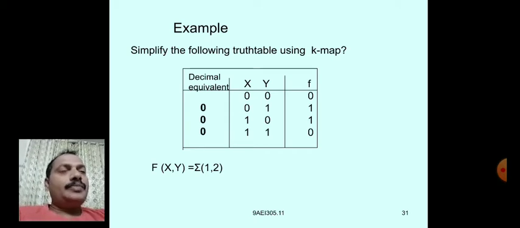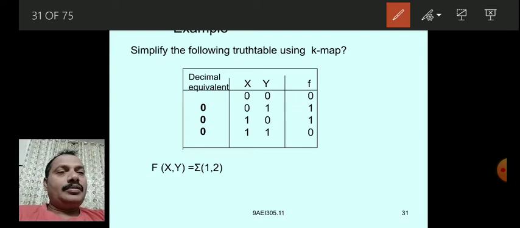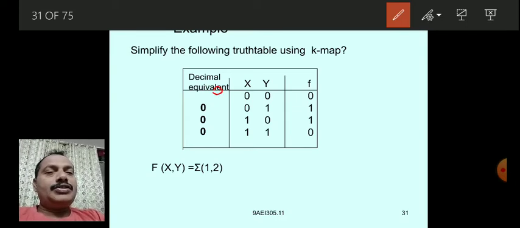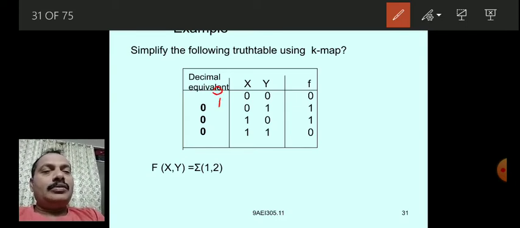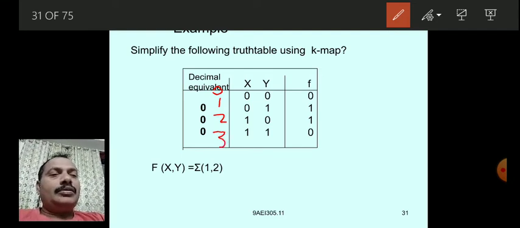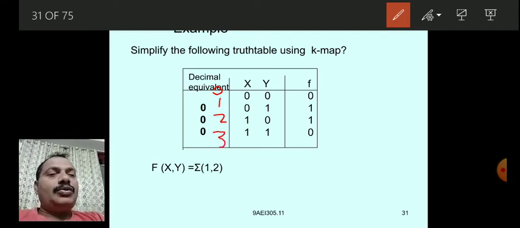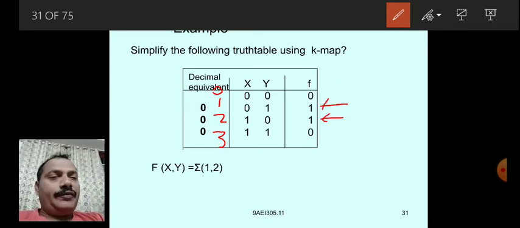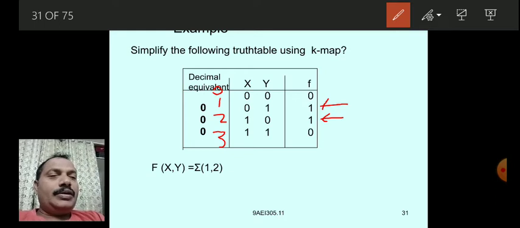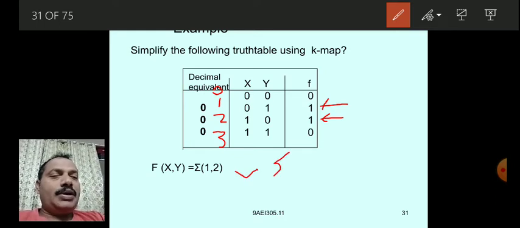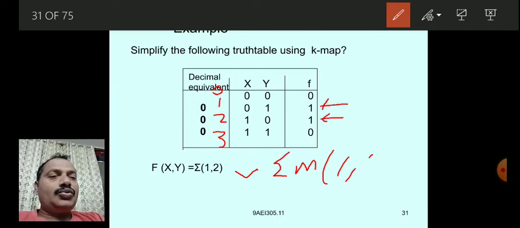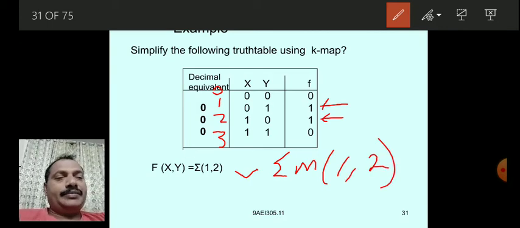This is 0 1 2 3. That means at 1 and 2 you have the output f equals 1, hence you can write sigma m 1 comma 2.